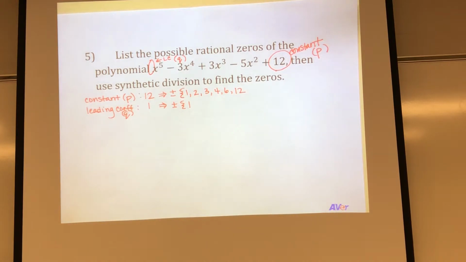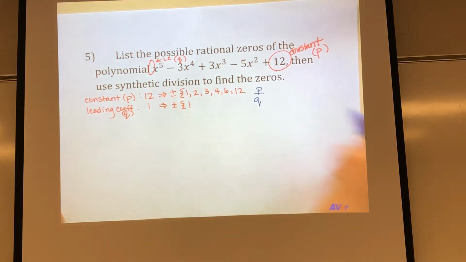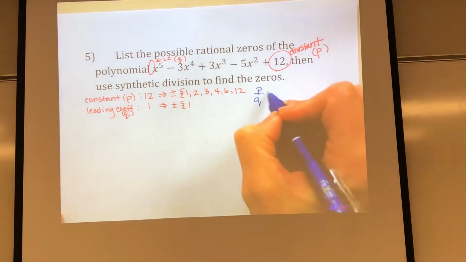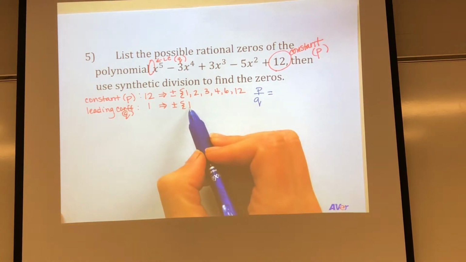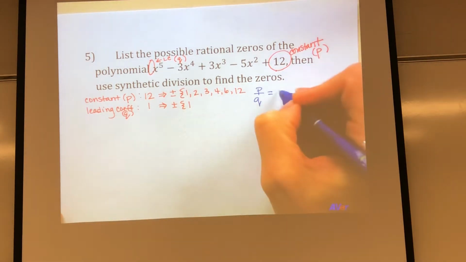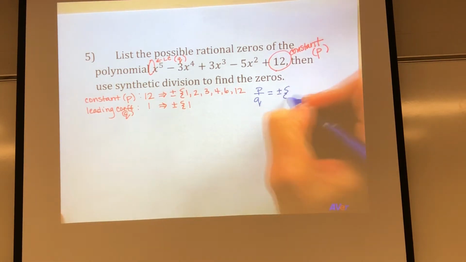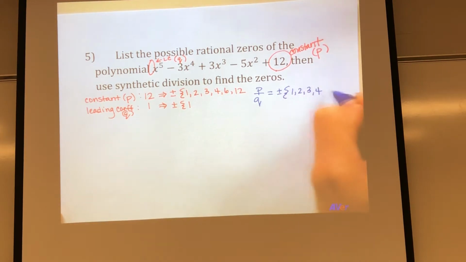There's nothing else really that multiplies into 1. After you do that, you're going to take P and divide it by Q. So we're going to take each one of these p values and divide it by all of the q values. Well, in this case, dividing all of those by 1 doesn't change anything. So our p over q is positive and negative 1, 2, 3, 4, 6, 12.